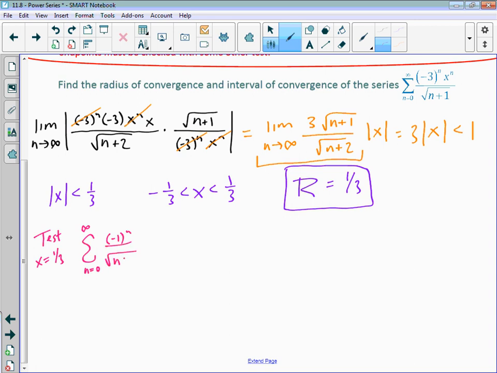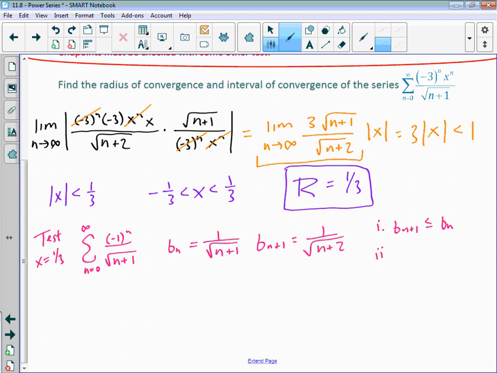So if we do the alternating series test, our b sub n is this, and our b sub n plus 1 is this. So the denominator is bigger here, making it smaller. So part I, our b sub n plus 1 is less than or equal to b sub n. That's one of the pieces you need.